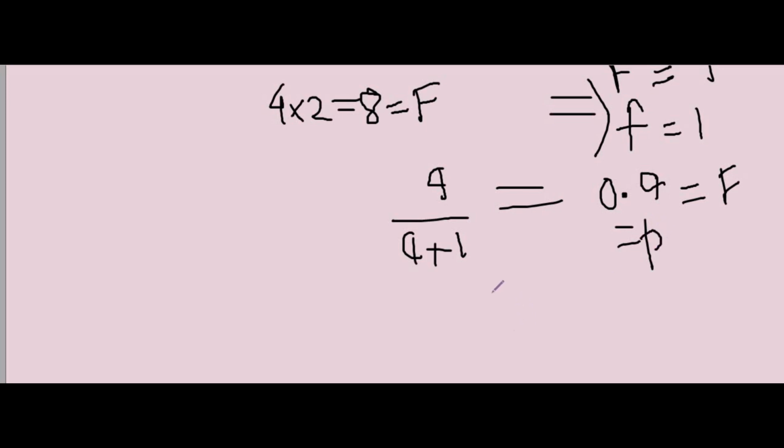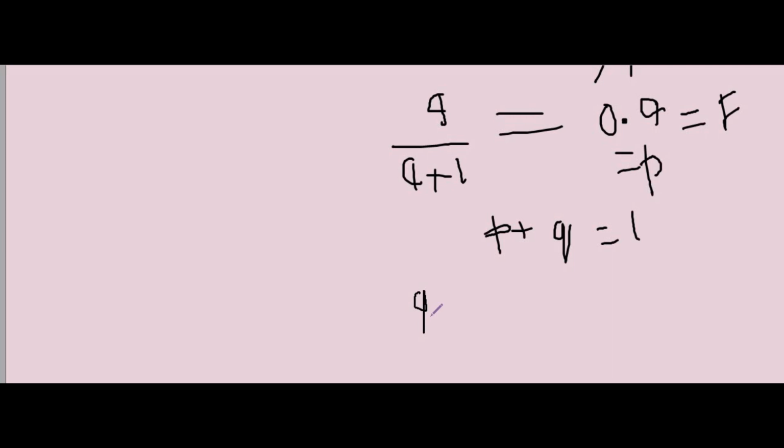So the q value can be calculated as p plus q is equal to 1. So the q value will come out to be 1 minus p, which is equal to 1 minus 0.9, which is equal to 0.1.